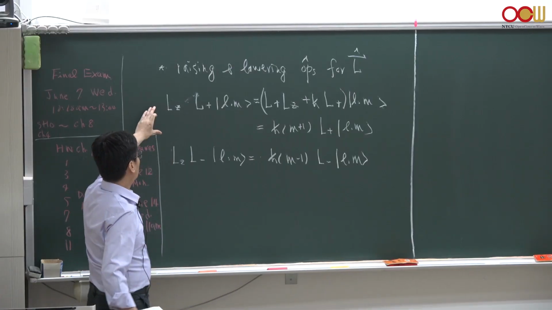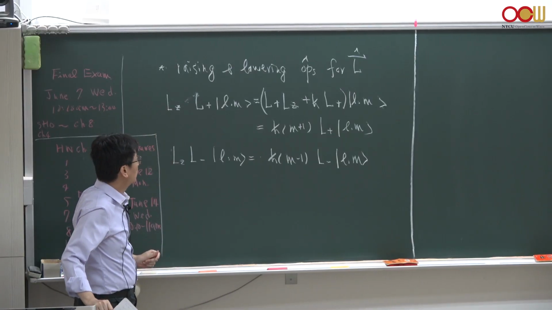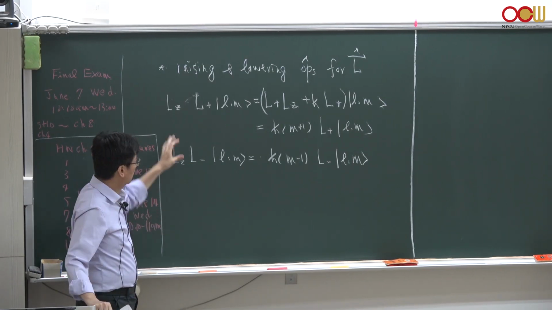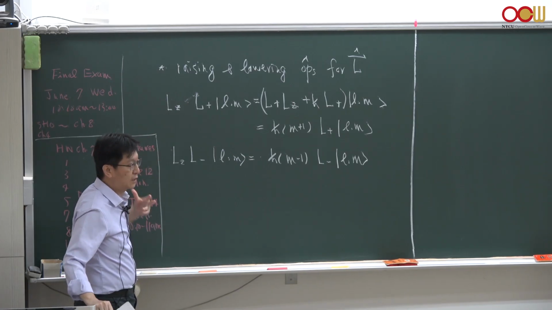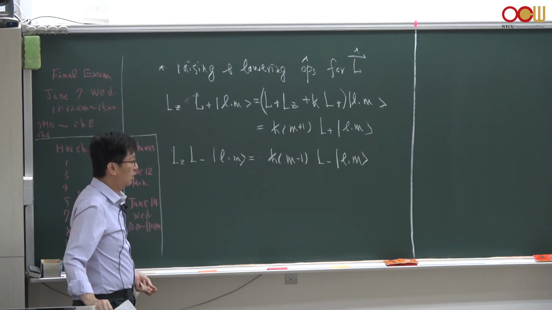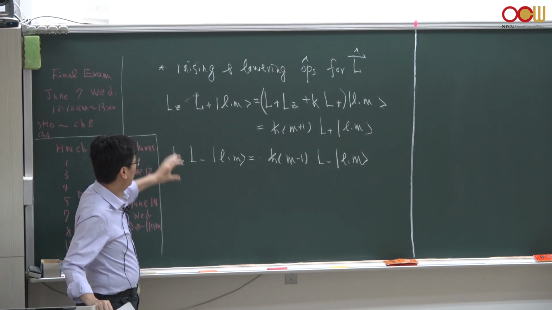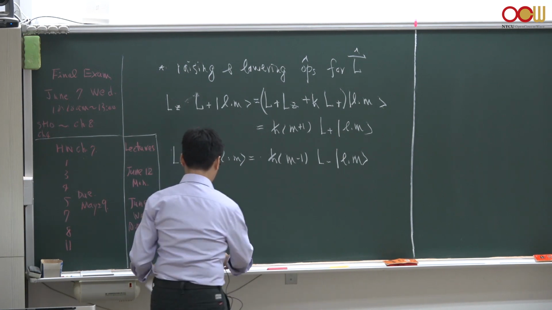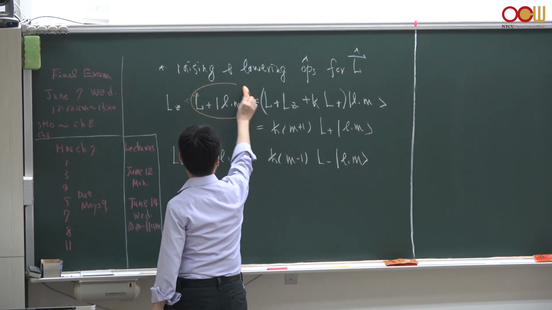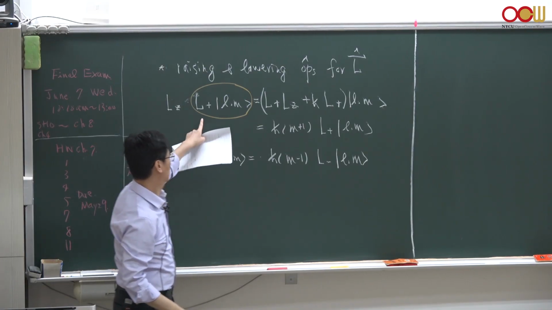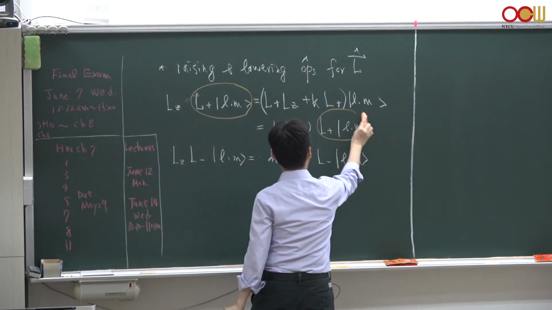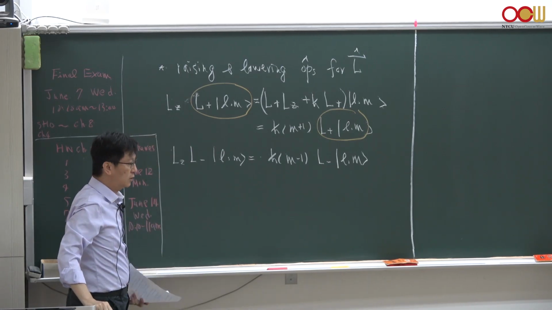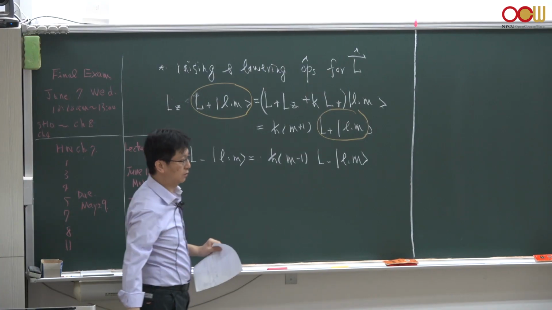Last time we tried to argue that the raising and lowering operators for angular momentum, L plus and L minus, could be derived from the commutation relations between Lz and L plus or Lz and L minus. These derivations show that the state L plus acting on |l,m> is an eigenstate of Lz with the eigenvalue (m plus 1) times h bar, which is 1 h bar more compared to the original state.